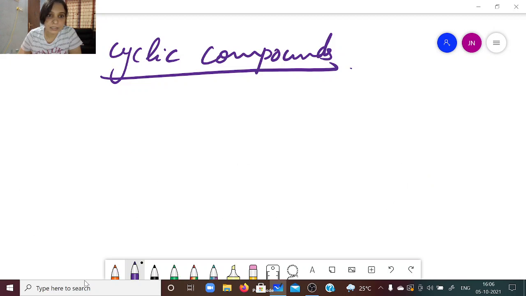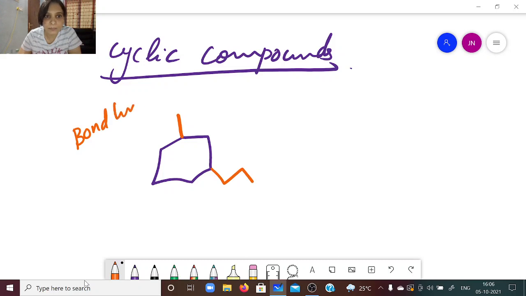That is very important. For example, a compound with branches. This is one branch and this is another branch. Now this is a bond line formula. This type of formula is known as bond line formula. We can expand it. I will expand it and show.